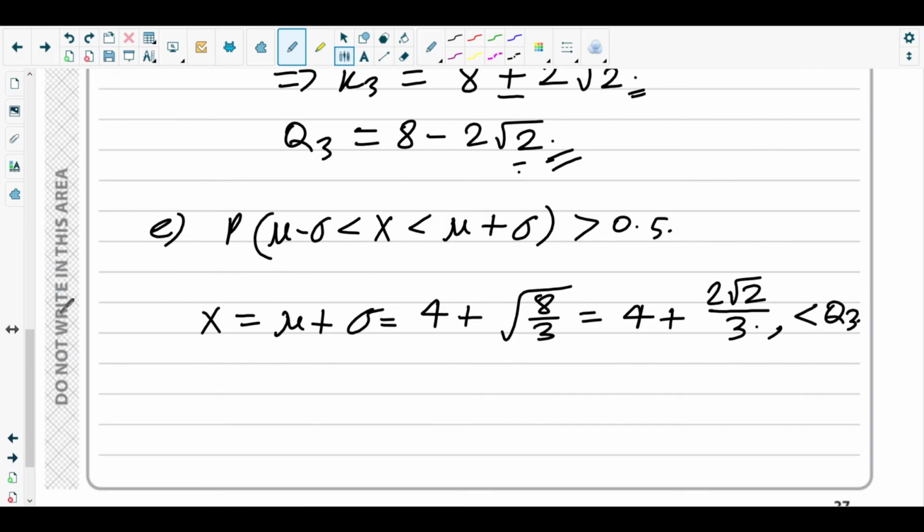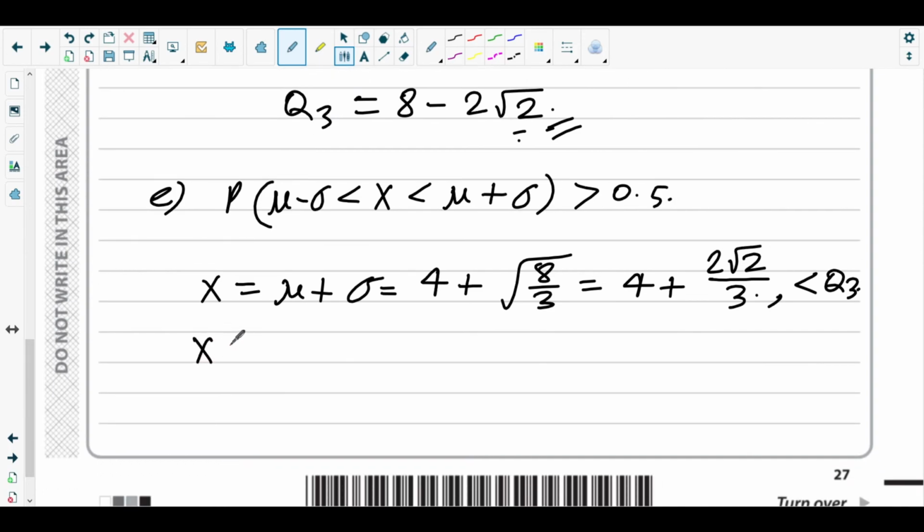Okay, and if you consider x equals mu minus sigma, it is basically 4 minus 2 square root of 2/3. This will give you, oh wait, 2 square root of 2 over square root of 3. I missed the square root of 3.